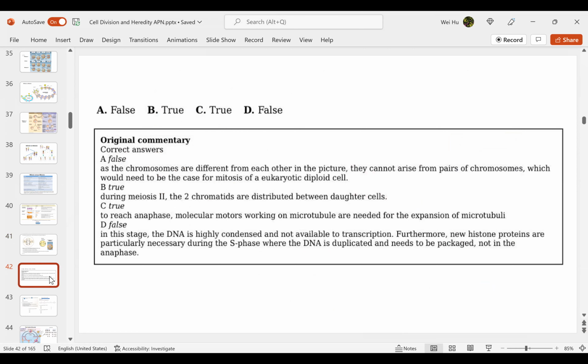So you look at this one. I'll give you 30 seconds to read.